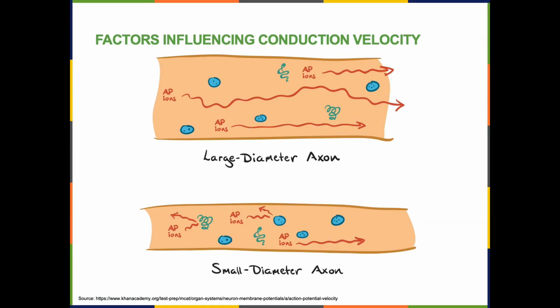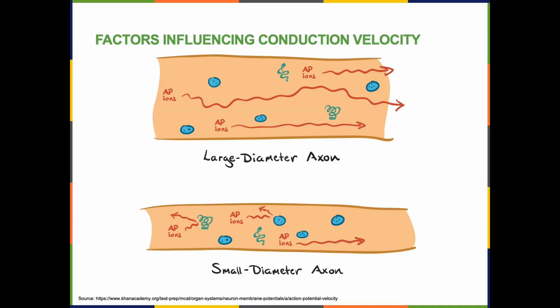So this illustration may help us to think about how diameter influences action potential conduction velocity. As an action potential is spreading down the axon, what's occurring is sodium ions are rushing down the axon, and those sodium ions have a positive charge. But as the sodium ions are moving through the axon, they could bounce off of molecules inside.